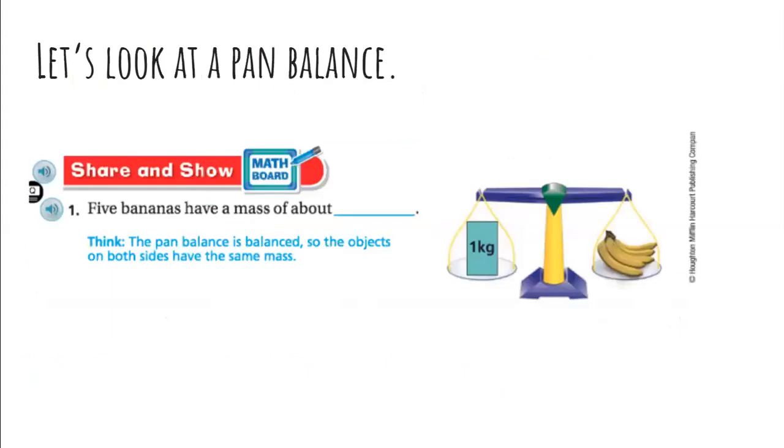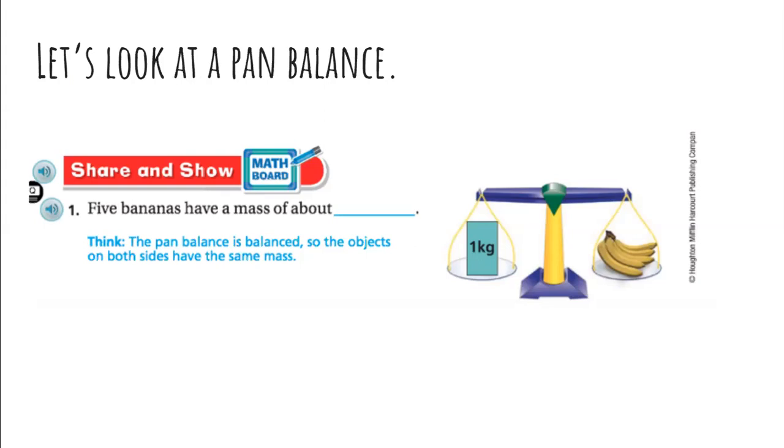Let's look at a pan balance. 5 bananas have the mass of about, and if you notice, with a pan balance, if both objects weigh the same, or have the same mass, the scales on the pan balance are going to be even. They're going to be at the same level. But if one object has more mass than the other, the heavier object will be lower to the ground, whereas the lighter object will be up higher.